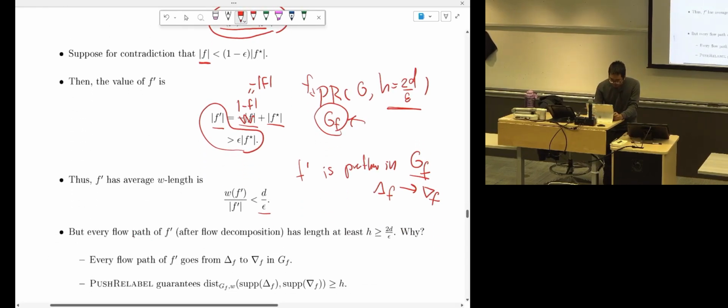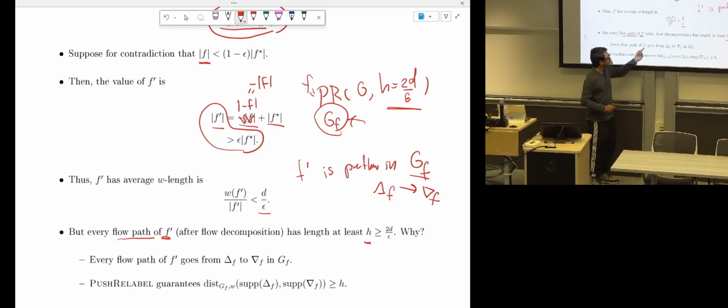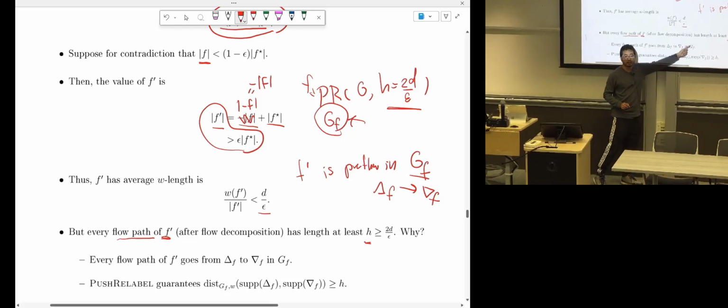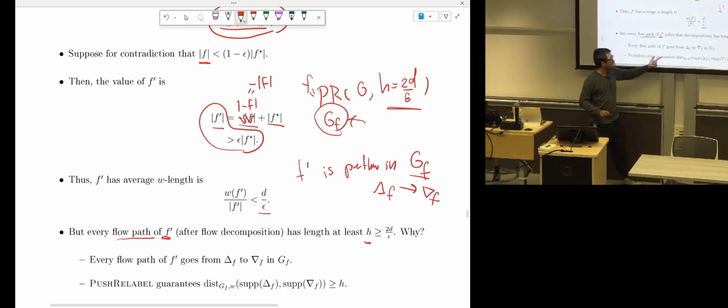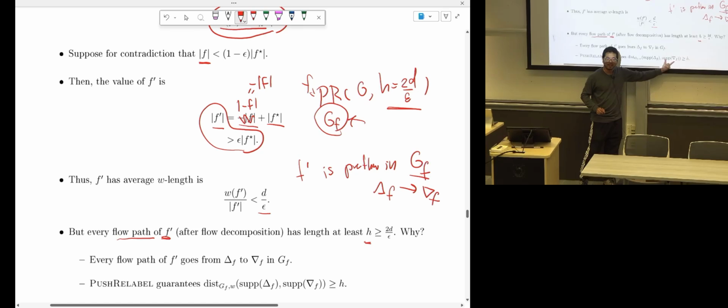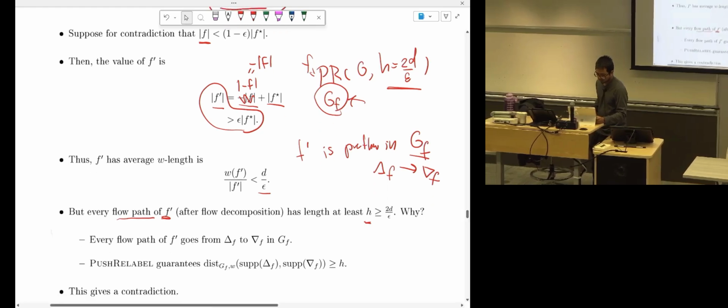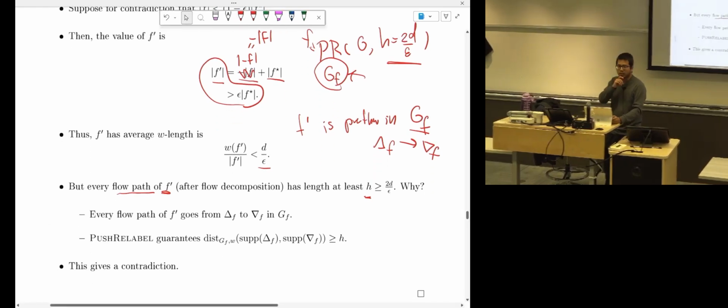Every flow path in F prime needs to have length at least H, because every flow path in F prime goes from source to sink in the residual graph, but in the residual graph, push-relabel guarantees that going from source to sink takes at least H. That's impossible. Okay, questions?